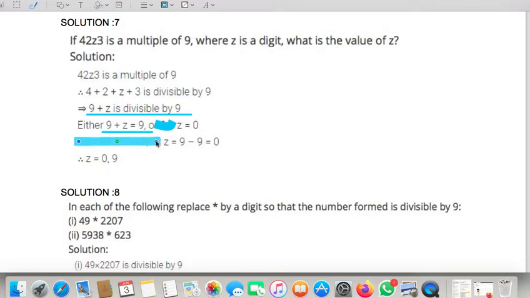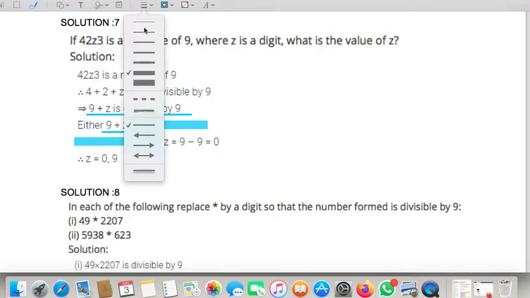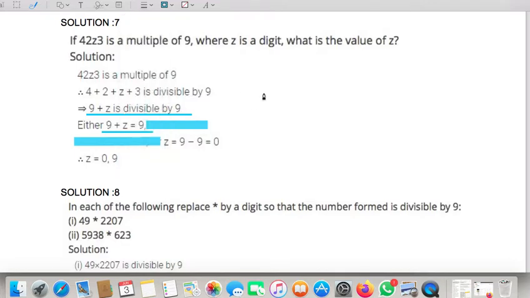One value you can see very clearly is Z equal to 0, because 9 plus Z is 9, so Z is equal to 9 minus 9, that is 0. The second value that I can take, my dear students, is that 9 plus Z can be equated with 18.